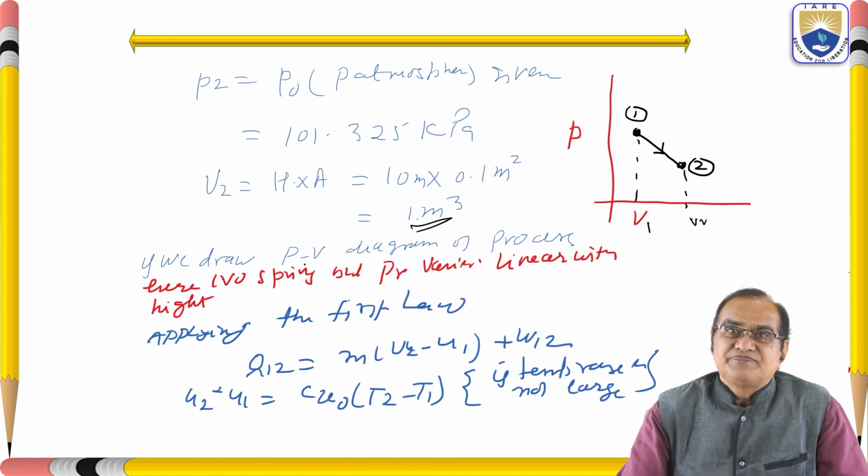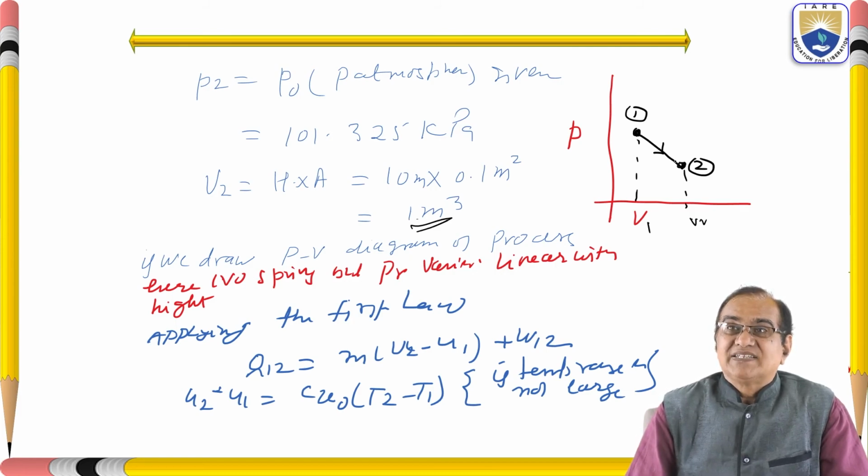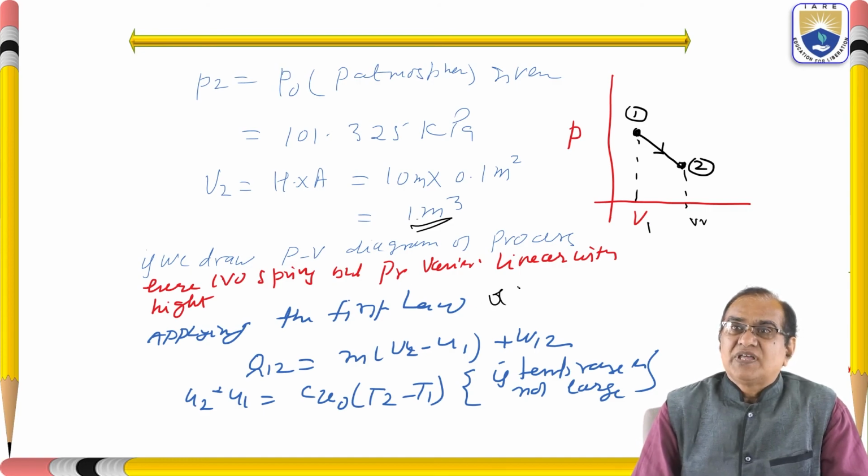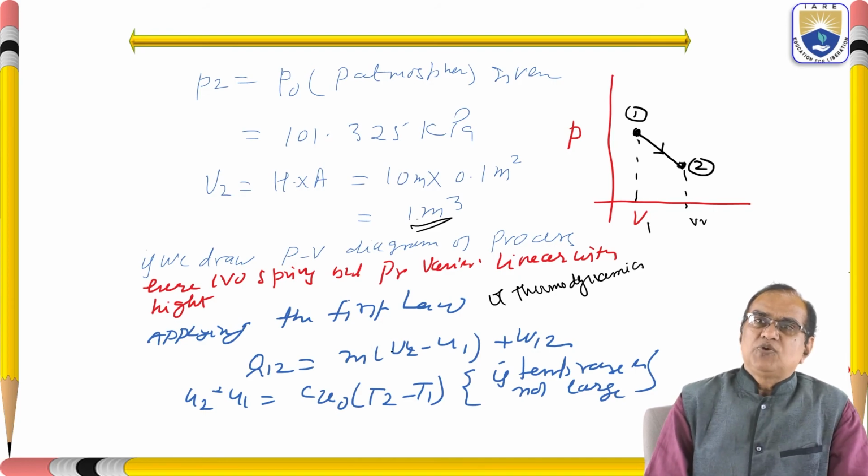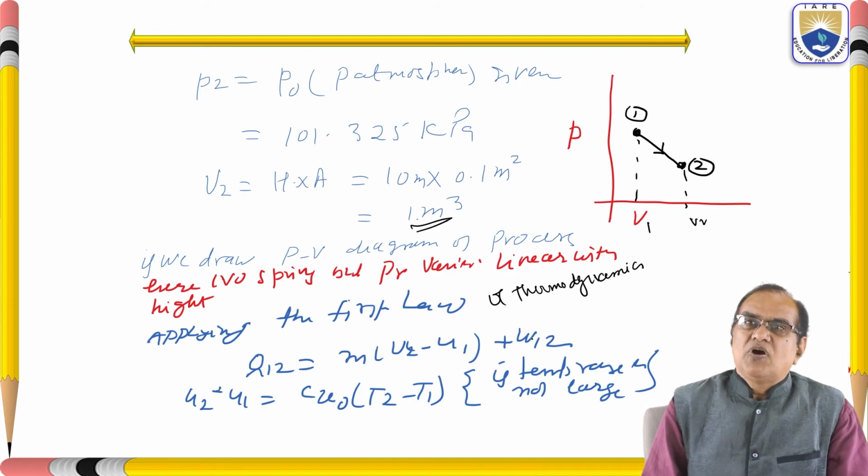Due to this spring, the pressure varies linearly with the height. So applying the first law of thermodynamics, Q12 is equal to m times U2 minus U1 plus W12.